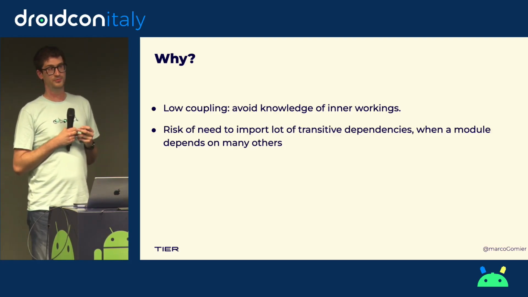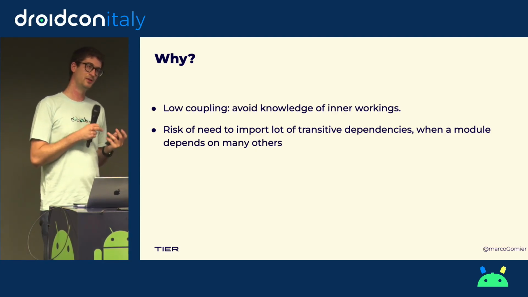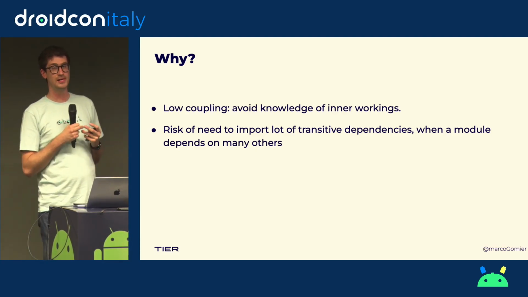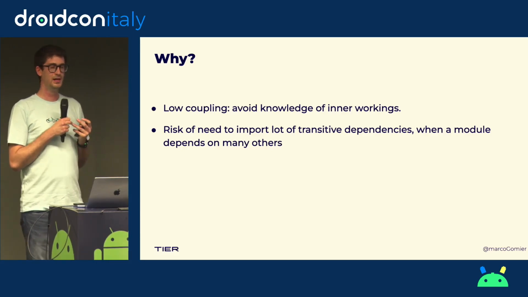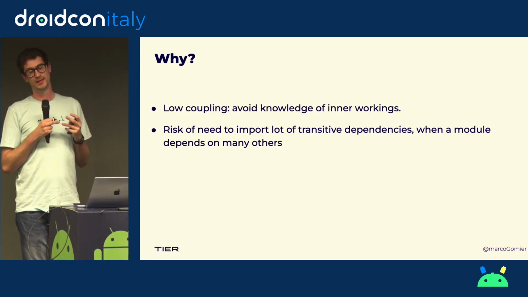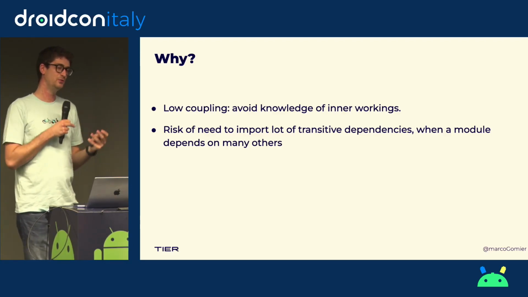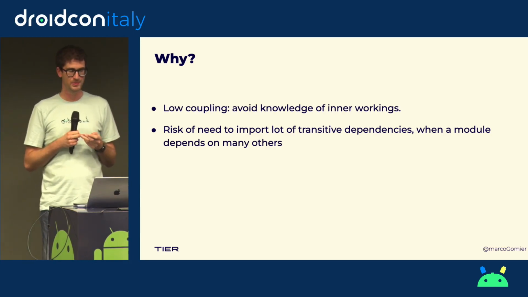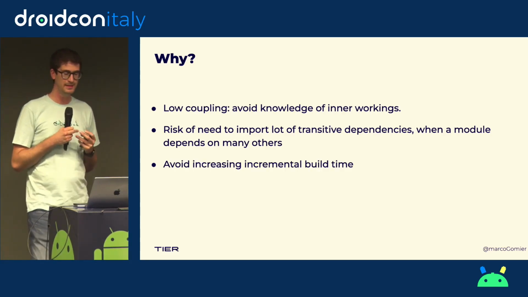The second point is that if you're not using a contract, you risk needing to import a lot of transitive dependencies if the feature that you are importing is using a lot of them. If the feature that you want to import depends on other feature modules, you need to import those as well. By using a contract, you can avoid that. But the most important thing is that you can avoid increasing the build time.